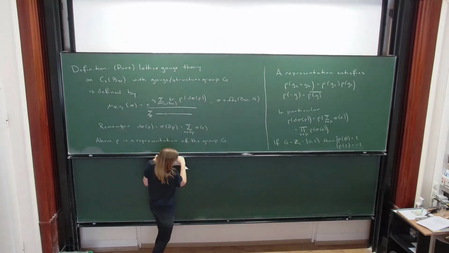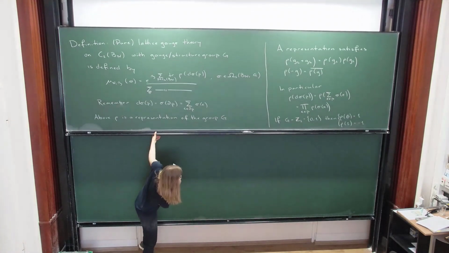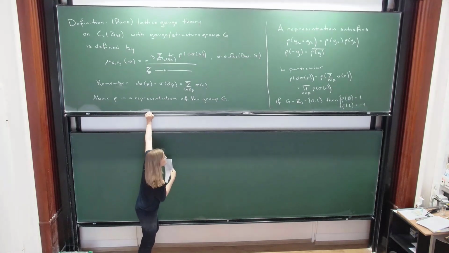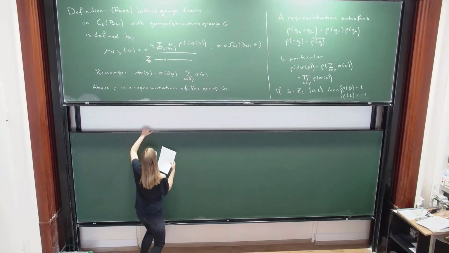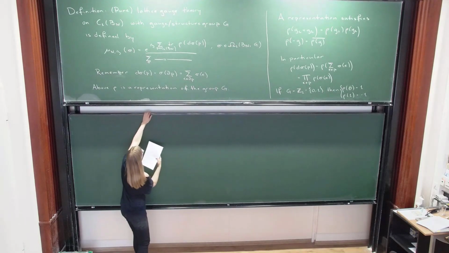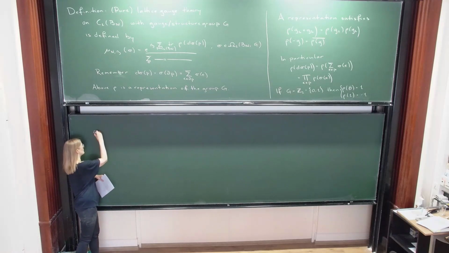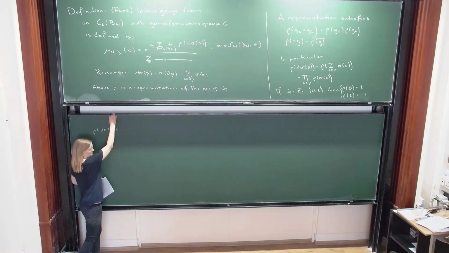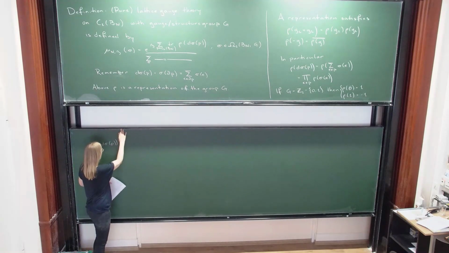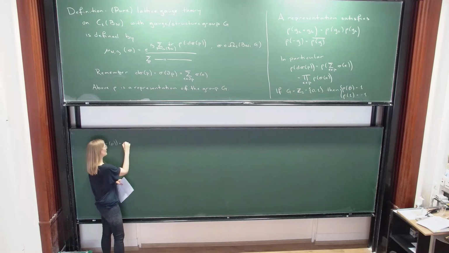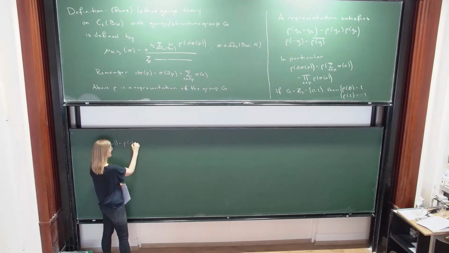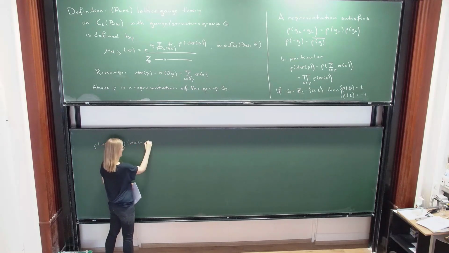The reason this works, and neither of those things is a problem, is that if you think about rho of the sigma of p, that appears in the sum, and rho of the sigma of minus p also appears in the sum.